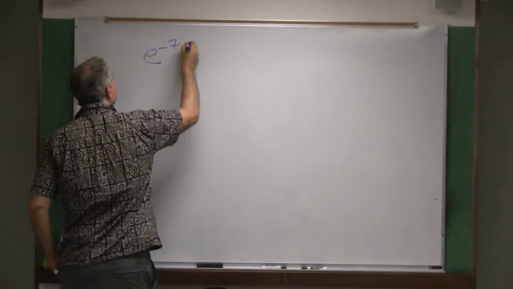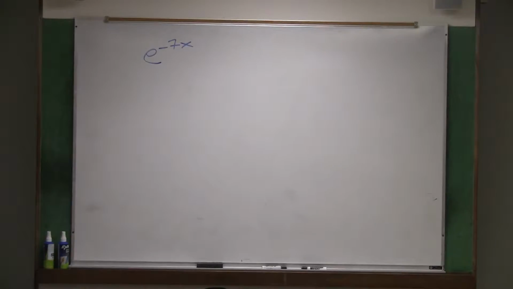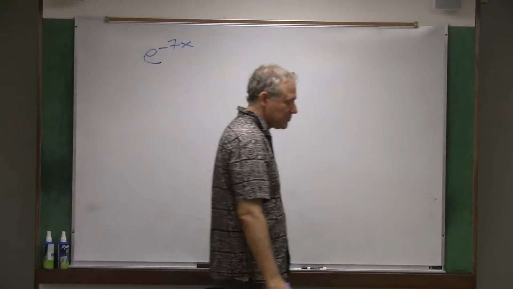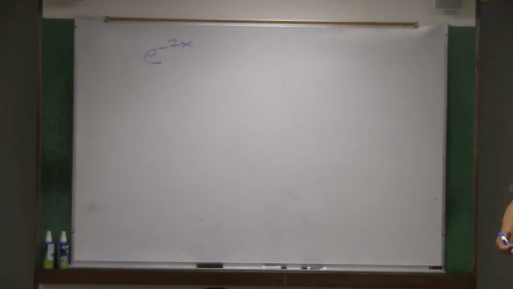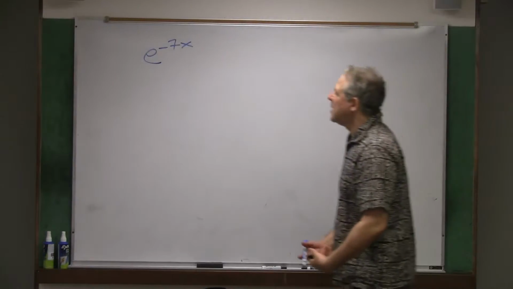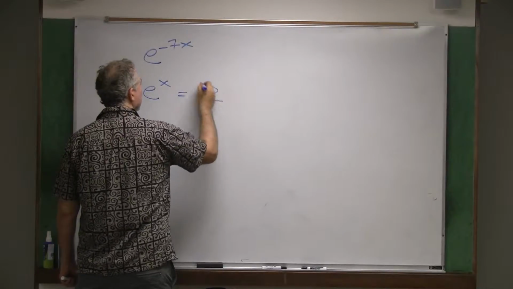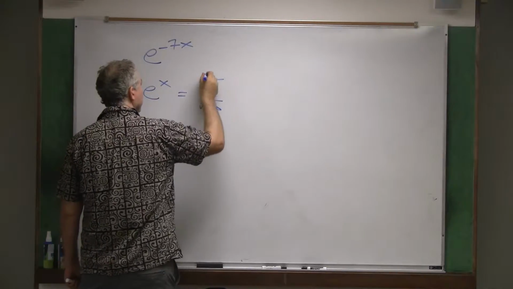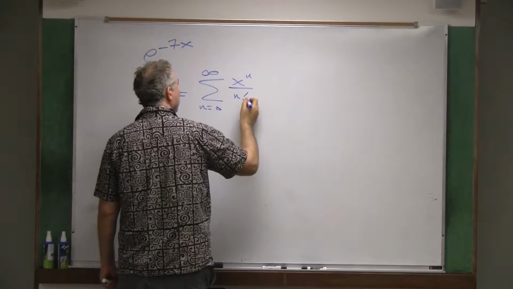Okay. So, this one you got two options. So you got e to the minus 7x, and you've got two ways to go with this. One is just methodology. In other words, you have e to the x is equal to a sum from n equals 0 to infinity of x to the n over n factorial. Right?